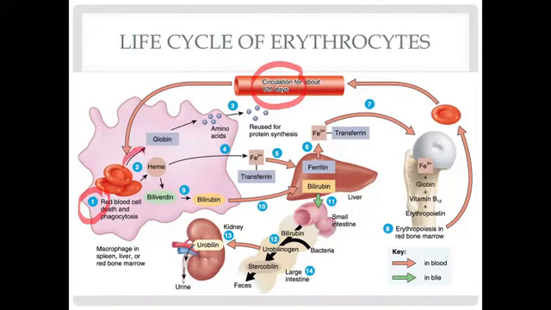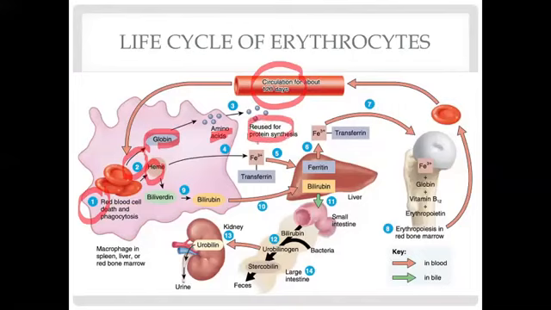And in the second step, the globin and the heme portion of hemoglobin are split apart. Third step, globin is broken down into amino acids, which are further reused to synthesize other proteins.